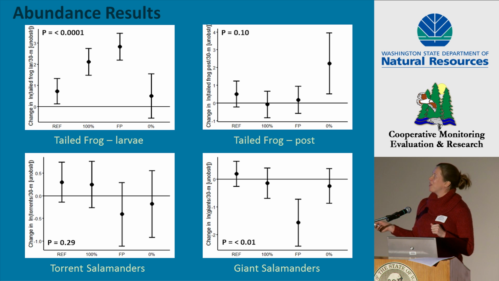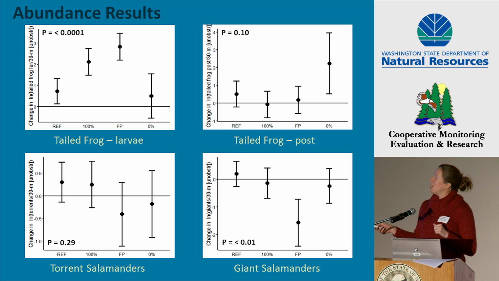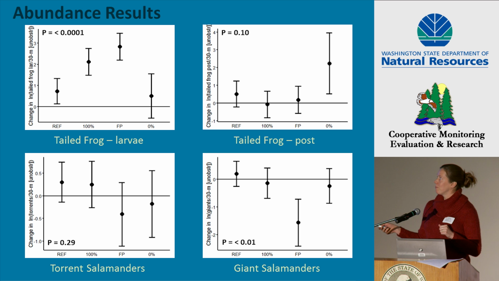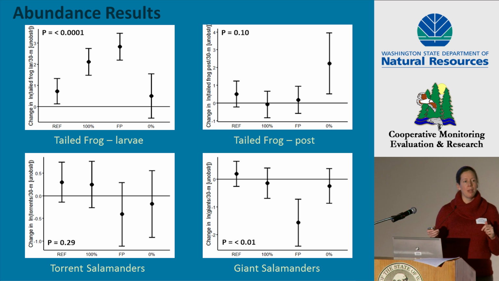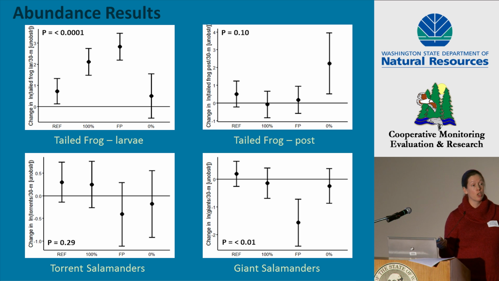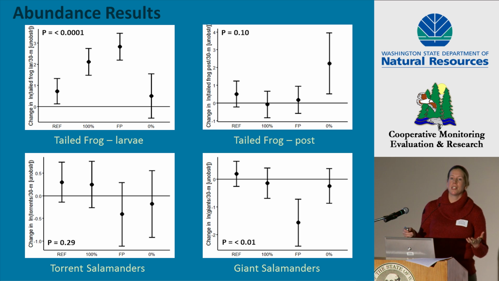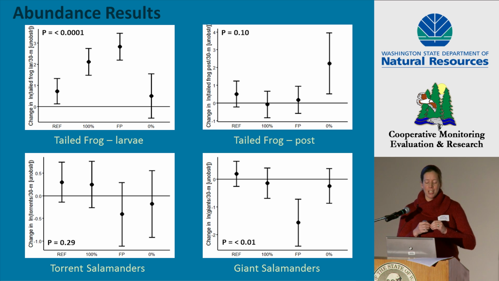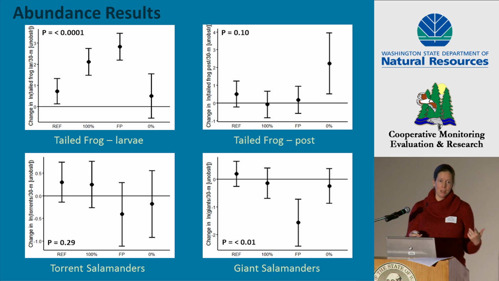So my example then going back was that we did see a small increase in the reference abundance for tailed frog larvae. And then the p-value here is that period by treatment interaction term, which again is really our term of interest. And that's telling us if the change that we observed was different by treatment, varied by treatment. And in this case, yes, it did.